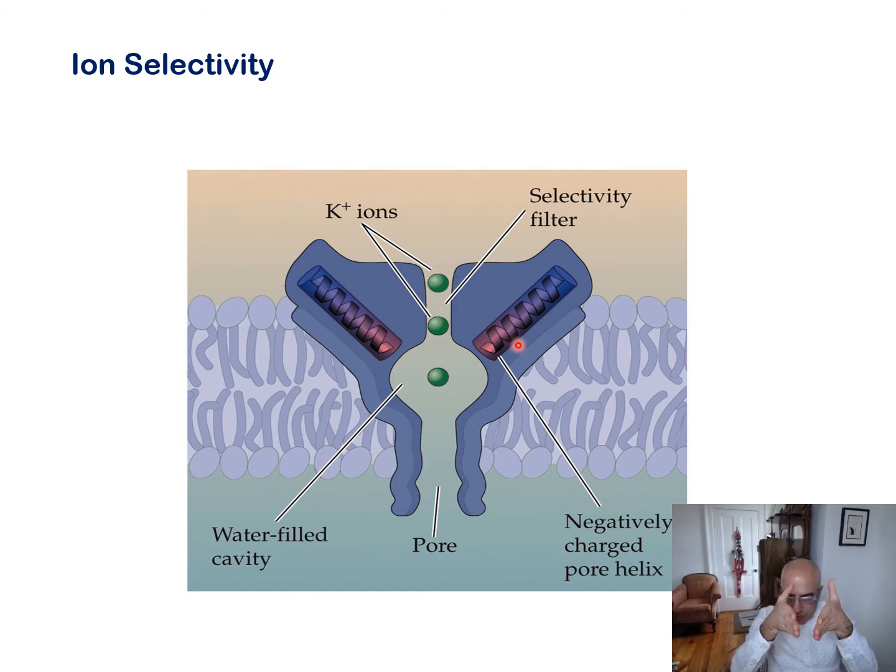It is the protein structure part that lines the pore, that allows particular ions to go through and does not allow others to go through. So again, in this example shown, this is a potassium channel, and it allows potassium to go through and does not allow sodium, chloride, calcium, or other types of ions to go through.